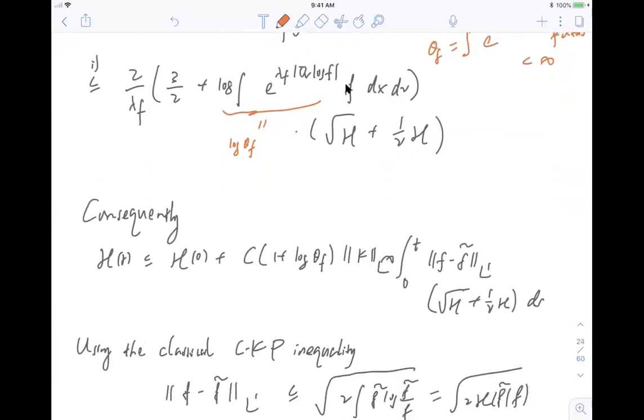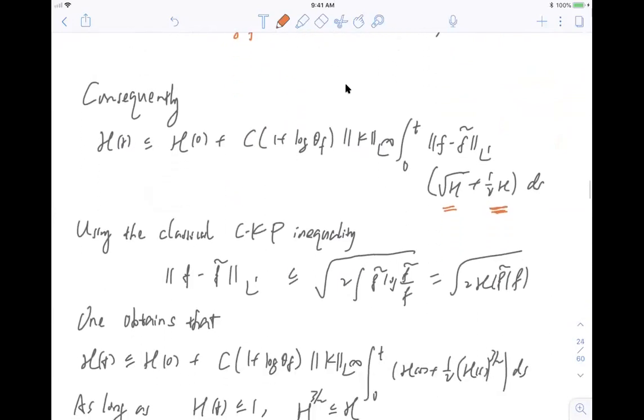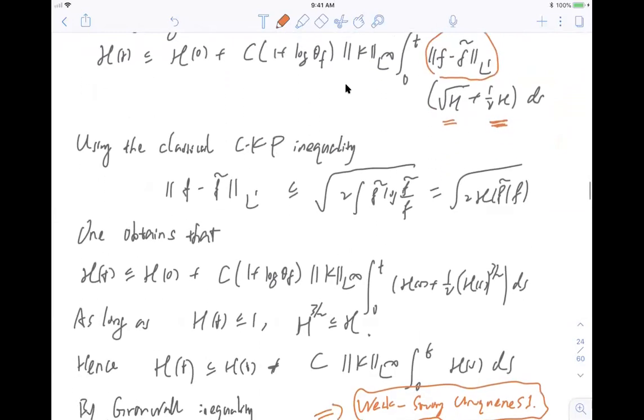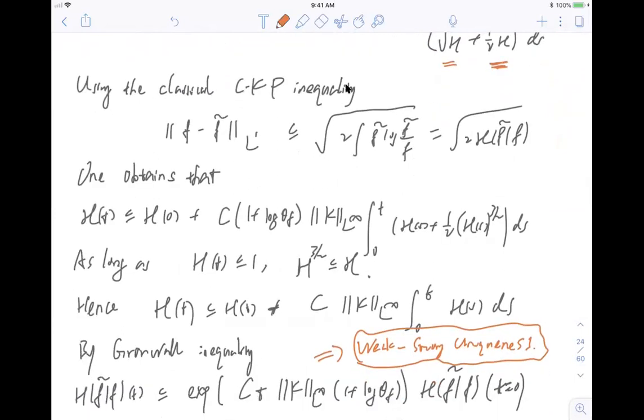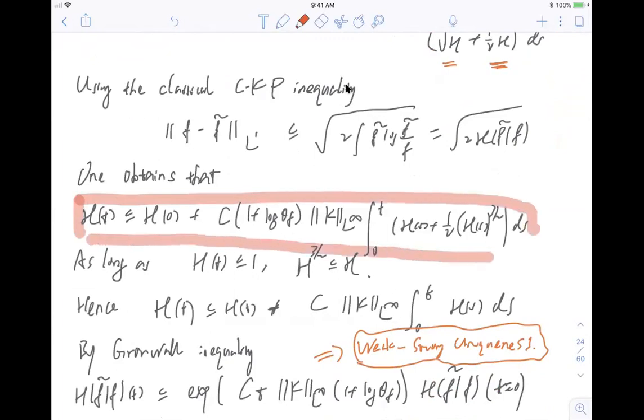But there's a different term, a higher order term, of order one half h as well. Then for this part, we just use the classical Csiszár-Kullback-Pinsker inequality. So we can close this estimate.